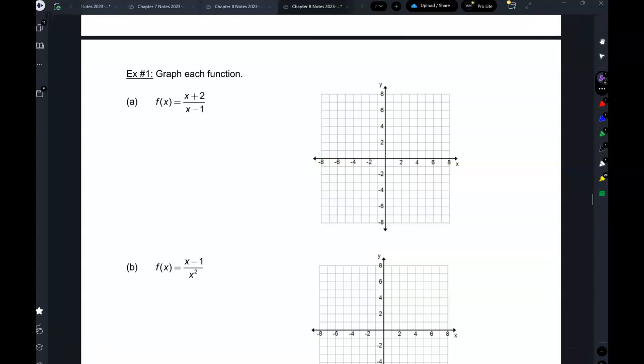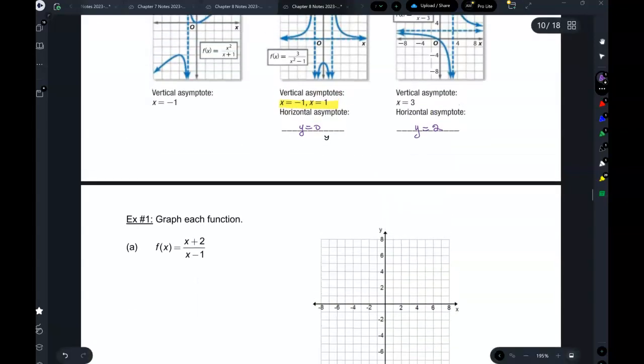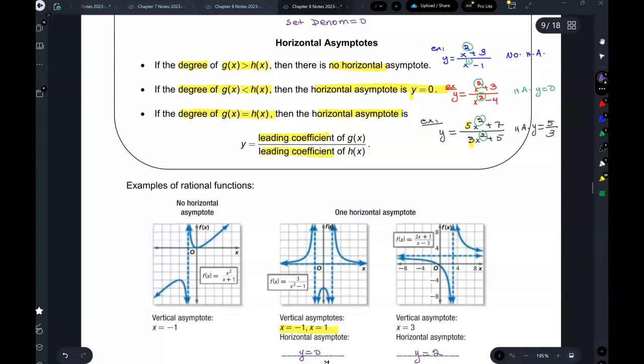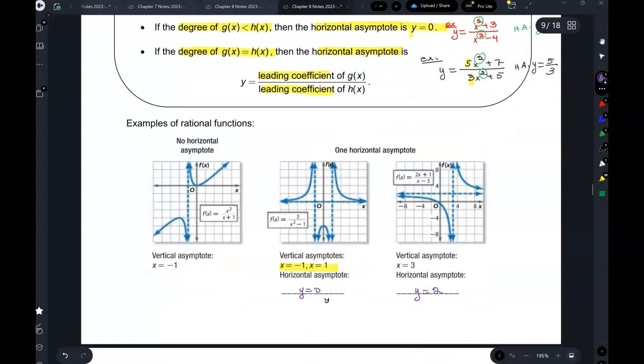And yes, these are going to be without a calculator, all right? On the first page, in the second problem where the horizontal asymptote equals 0, because there is no x in the numerator, how is it always just 0 if there's only an x in the denominator, or vice versa? Okay. You just have to compare the degrees.